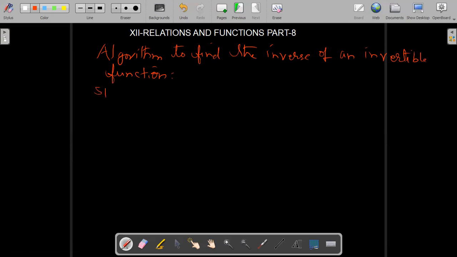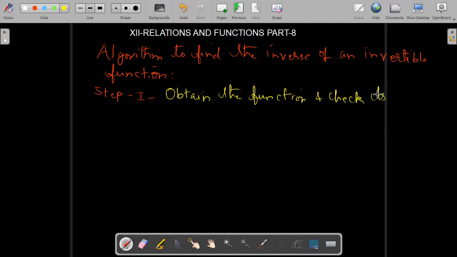Step number one: obtain the function and check whether it is 1-1 and onto.